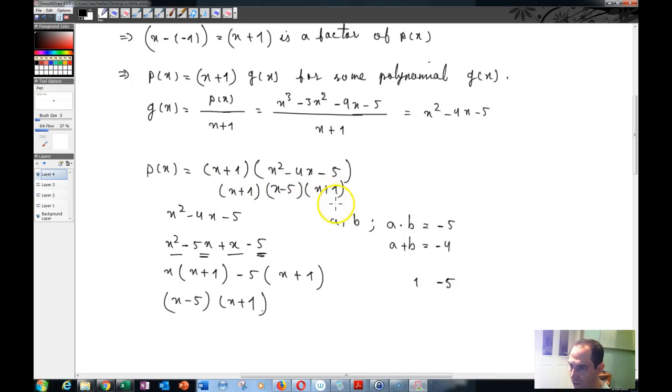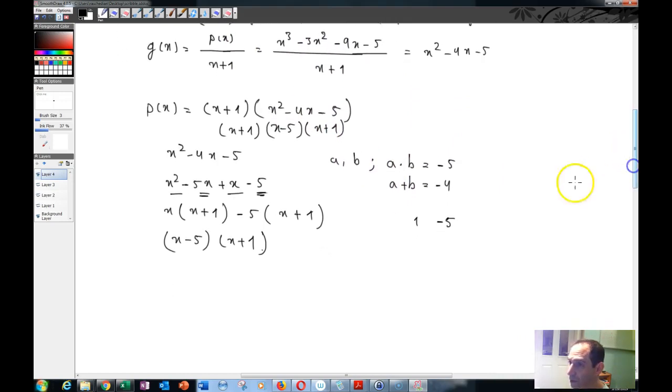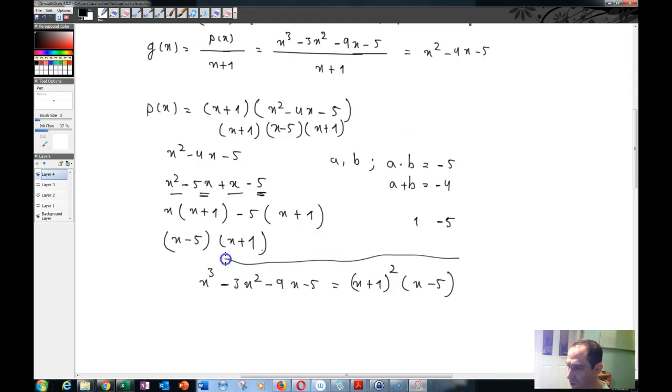So then you can say that this polynomial over here, which is x cubed minus 3x squared minus 9x minus 5, is the same thing as x plus 1 squared times x minus 5. Okay, that's basically what you were looking for. So that is that.